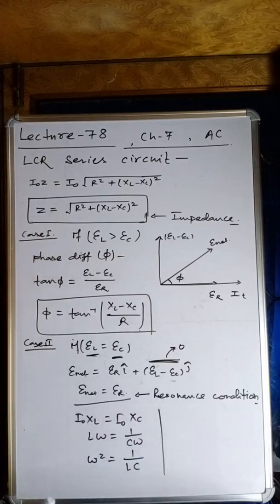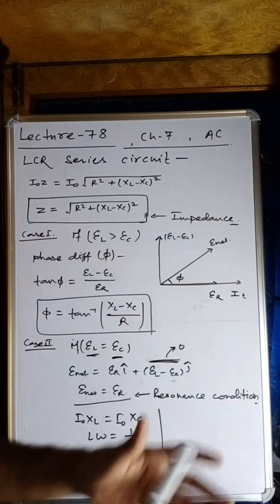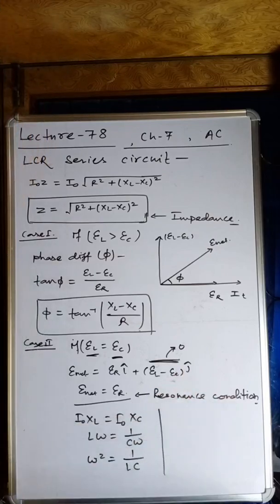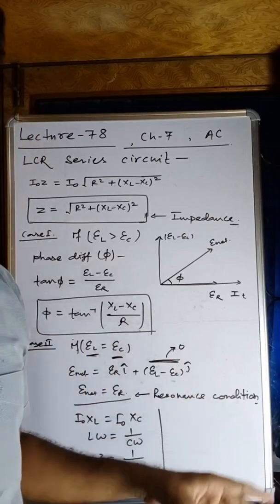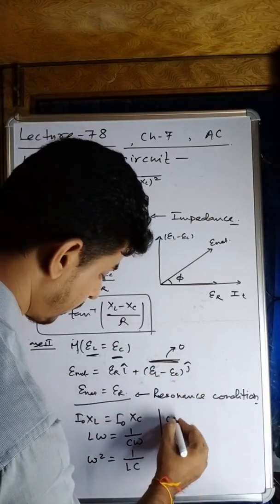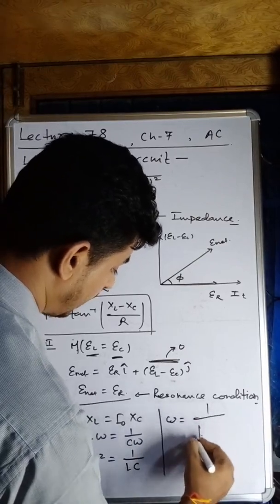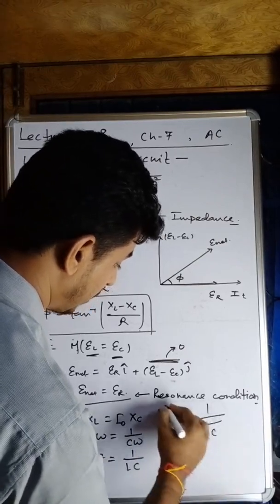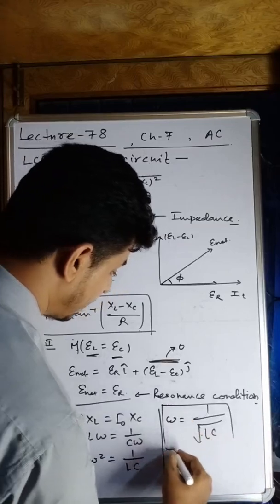With which frequency will AC oscillate in this LCR circuit in the resonance condition? So we can write omega as 1 by root under LC, and this is the resonance frequency.